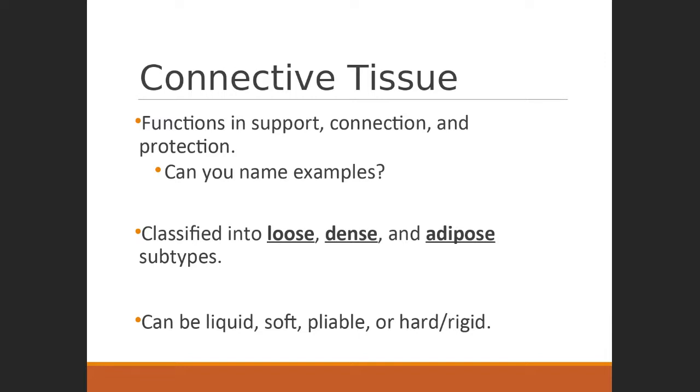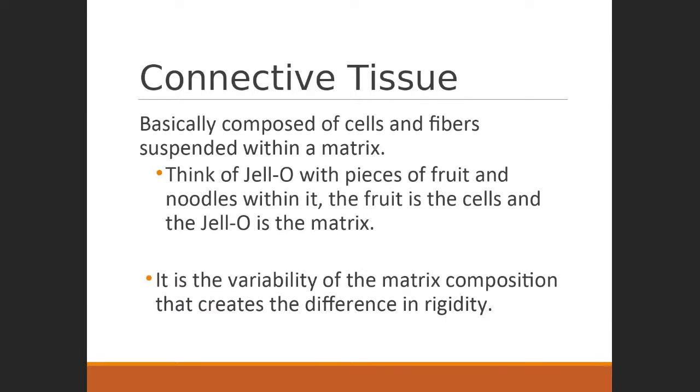They all have a fibrous component. And again, the fibers seen in blood for blood clotting are not the same as the fibers seen in cartilage, and they're not the same as the fibers seen in bone, but they all have a fibrous component. Then suspending the two, we see this ground substance or matrix.